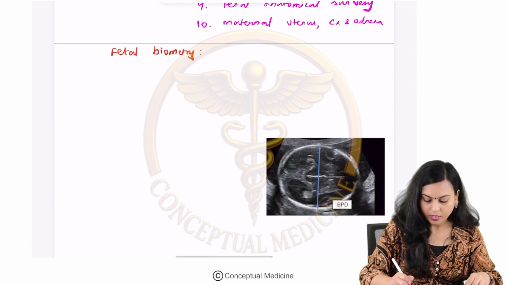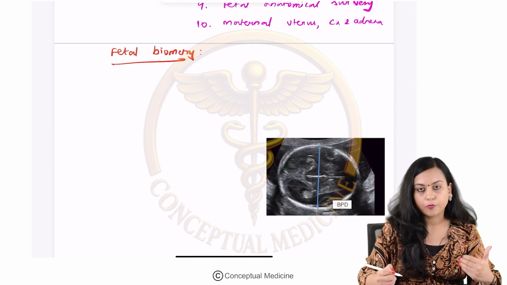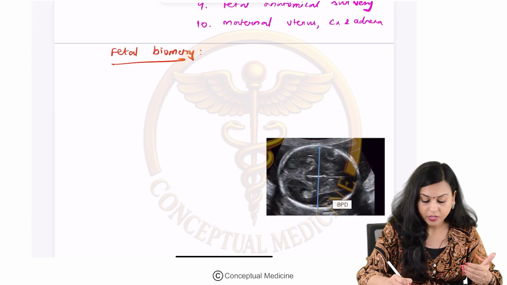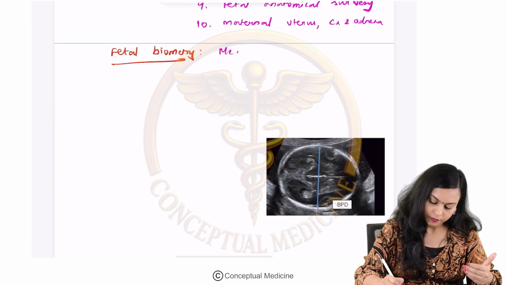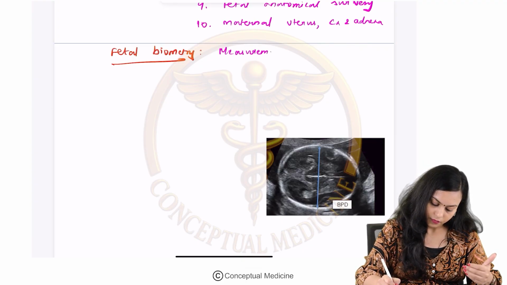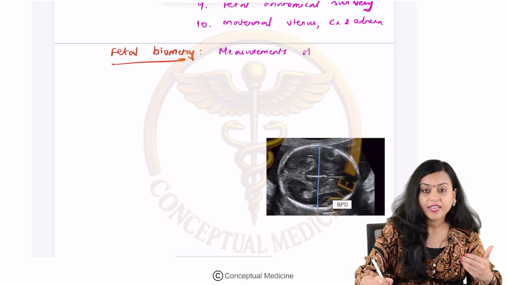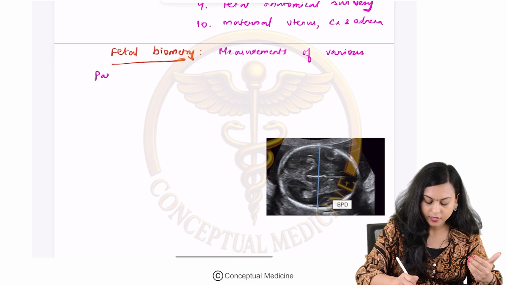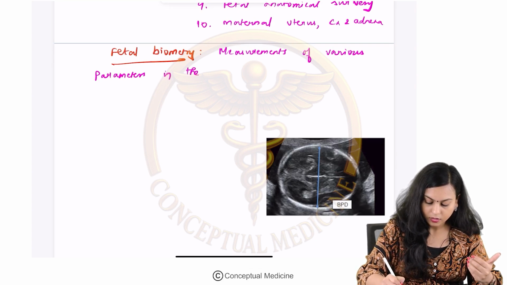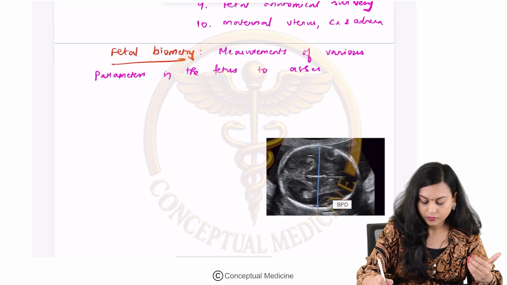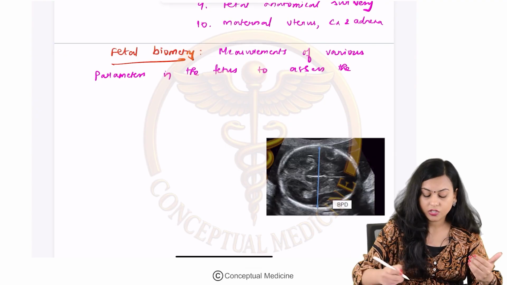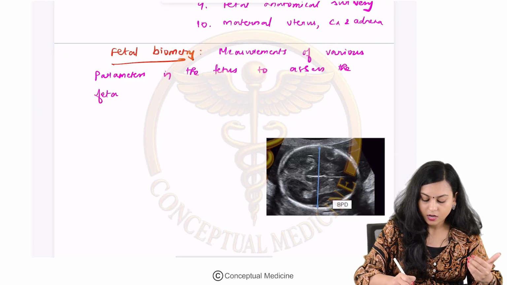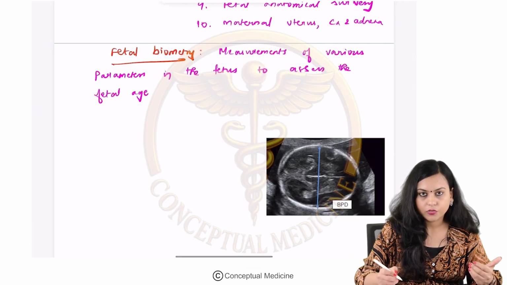Now, if you ask me, ma'am, what is this fetal biometry? See, these are some measurements of various parameters in the fetus, to assess the fetal age as well as its growth.